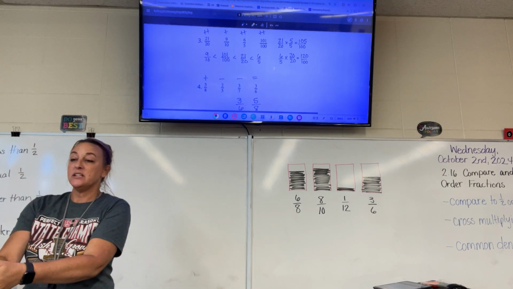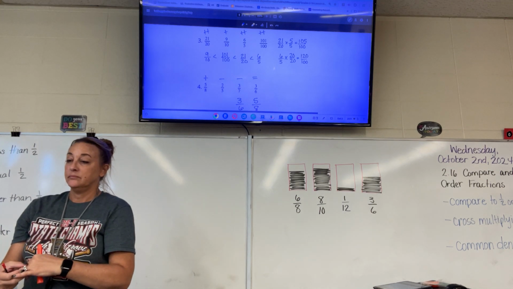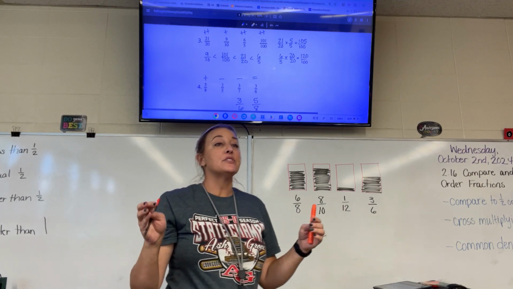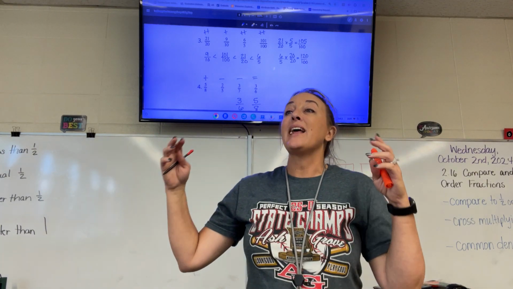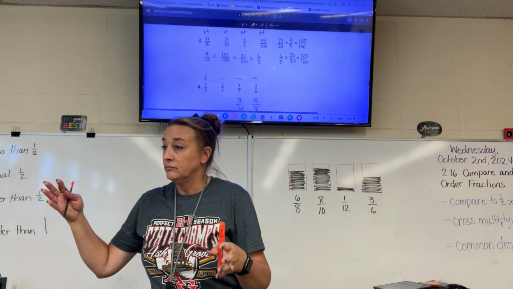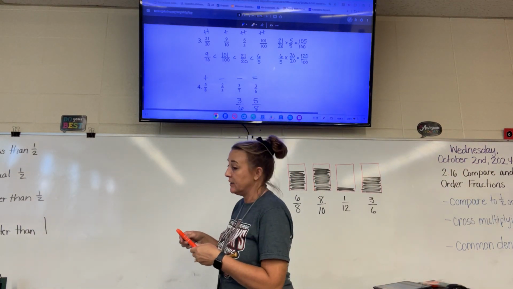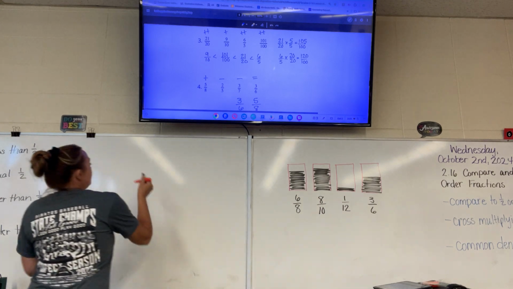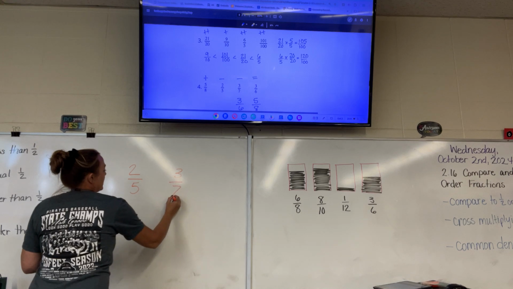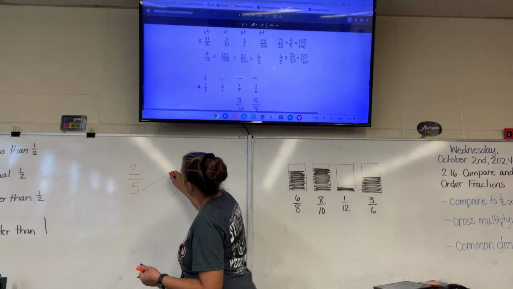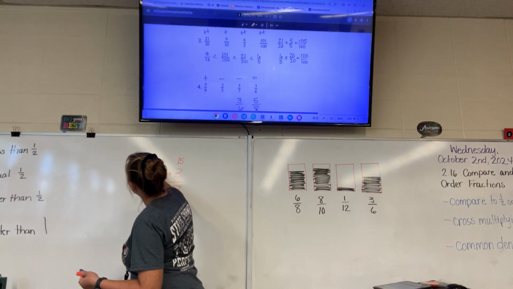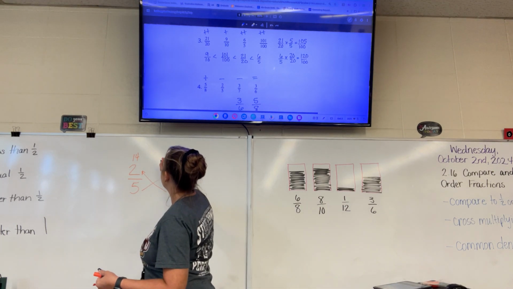So you have to do something to figure out. You have to cross multiply. When you get symbols that are the same, you're going to have to do some work to figure out which goes where. So we're going to do 2/5 and 3/7. We cross multiply. 5 times 3 is 15. And 7 times 2 is 14. 14 is less than 15.